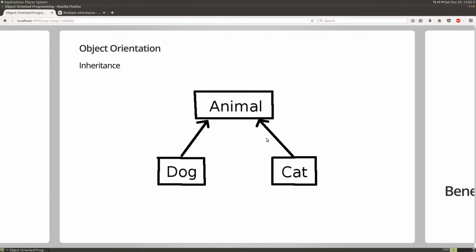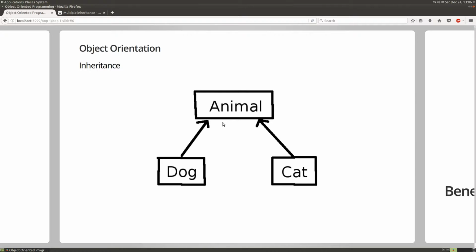Polymorphism, I won't go into detail here, but it allows us to do things like creating a list of animals. And suppose we wanted the animals to all use their own speak function or method.